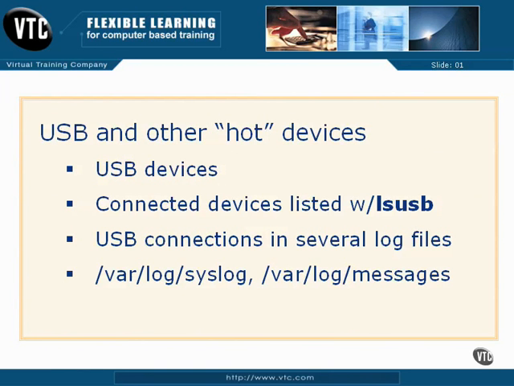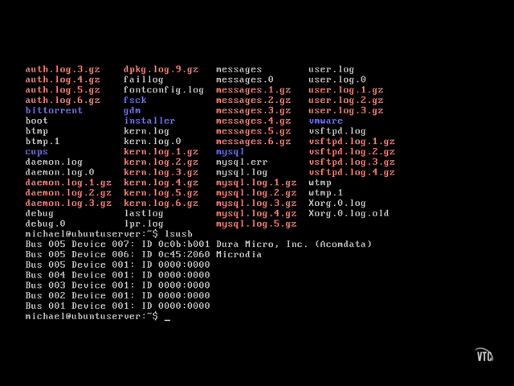USB devices were briefly described in another video, and as such can be listed with the lsusb command. Note how this command at the bottom of the screen lists multiple ports associated with buses, as well as devices connected to certain buses.